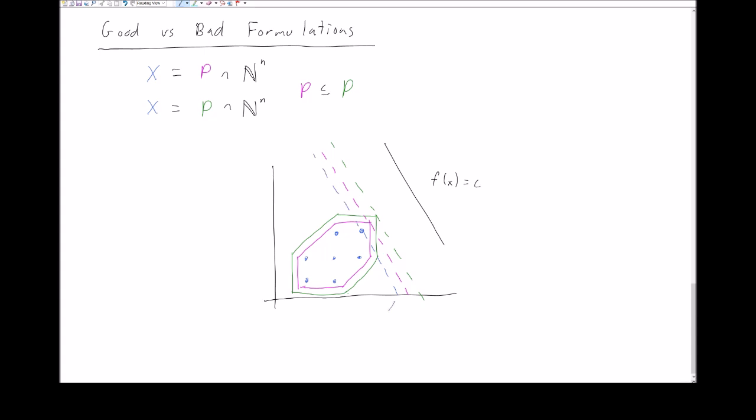We can label what these are. This is Z star, the optimal solution to our integer program. This pink guy we'll call Z upper bar 1. This is the upper bound achieved by the pink polyhedron. And this green guy we can call Z upper bar 2.